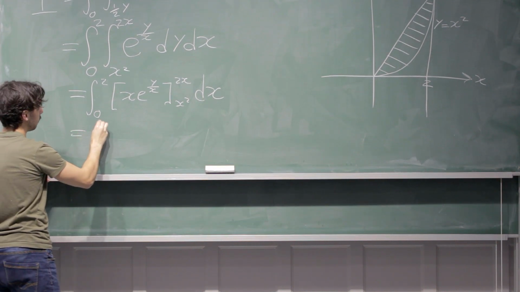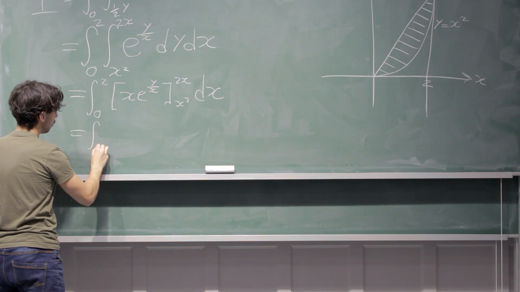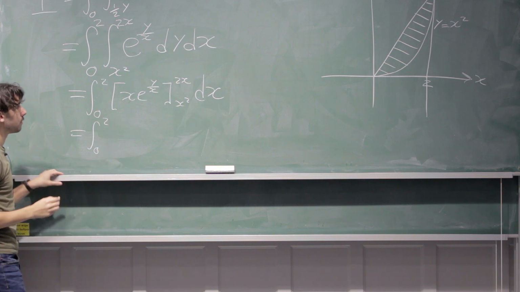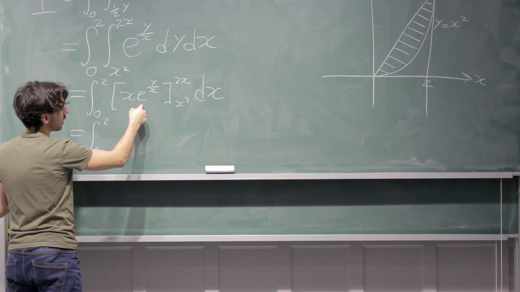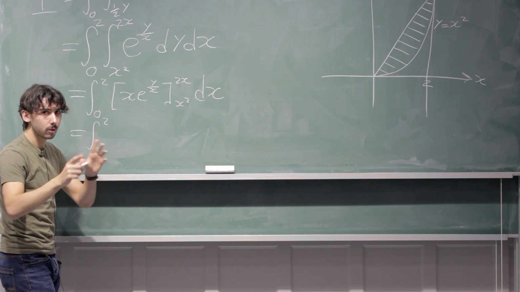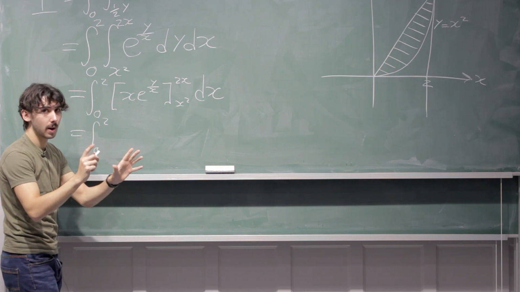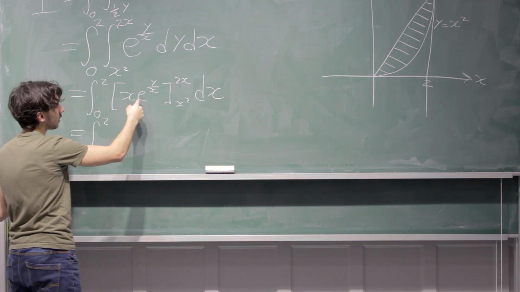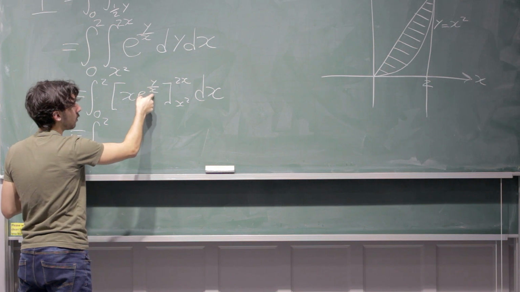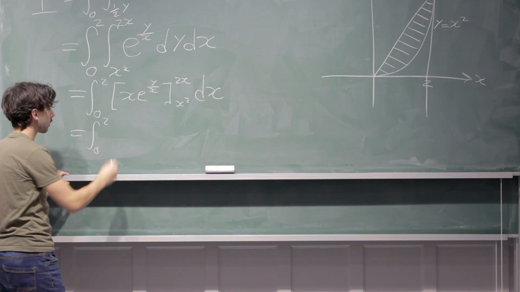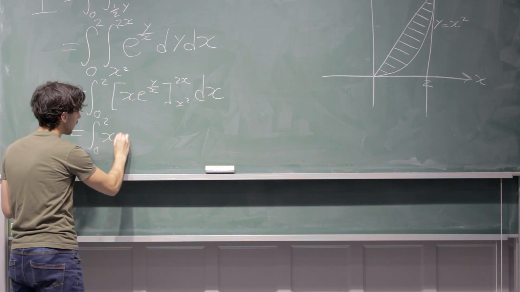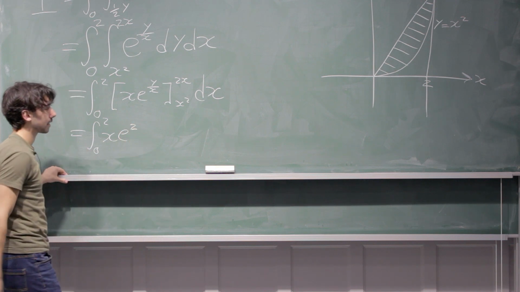Next step, simplify. 0 to 2, and then we're going to sub in. So we've got x, e, and remember the y's are being replaced by the 2x's and the x squareds, not the x's. So we've got x, e to the 2x over x. That's just x, e to the 2, because the x's cancel.